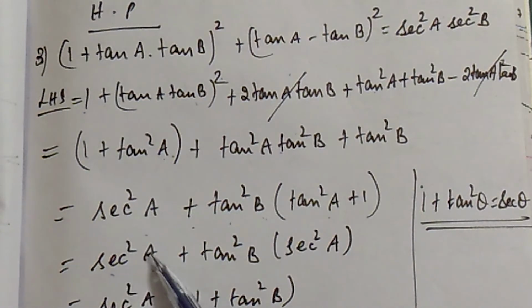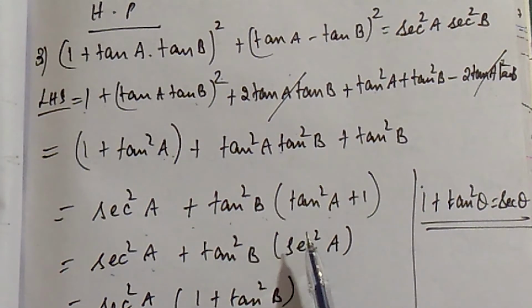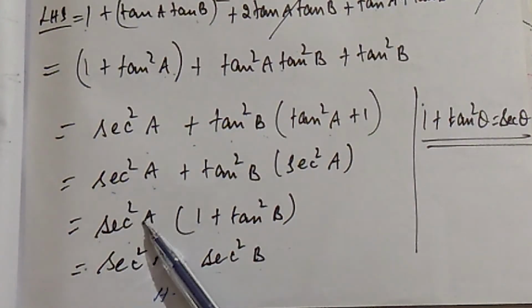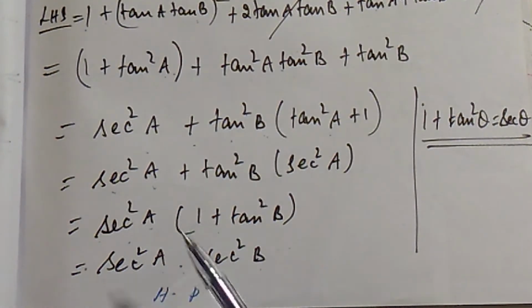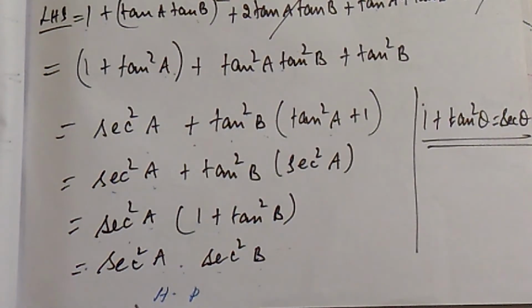Now sec²A + tan²B sec²A. In both sec²A is common, take it out: sec²A (1 + tan²B). That is sec²A sec²B, the right hand side. Hence proved.